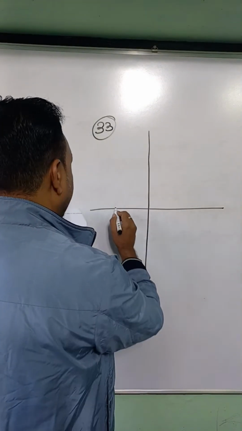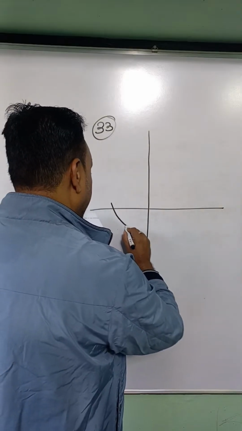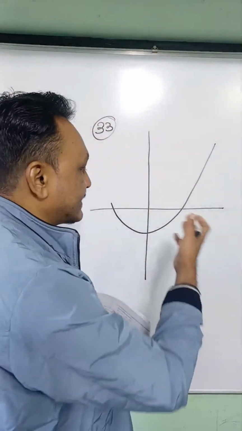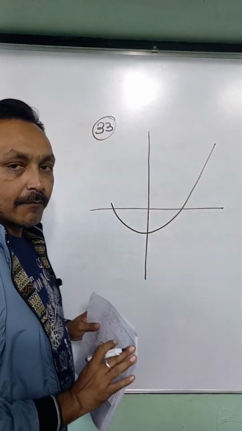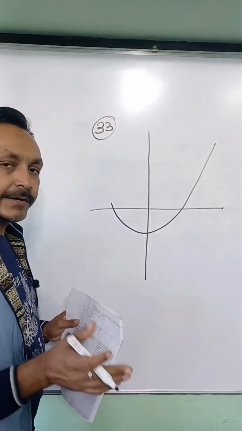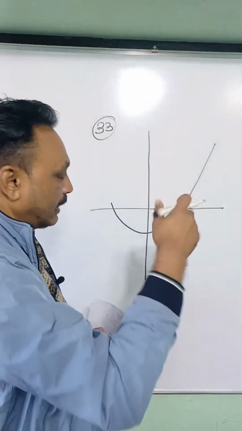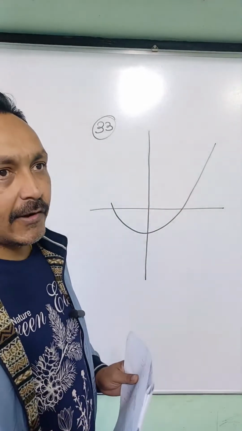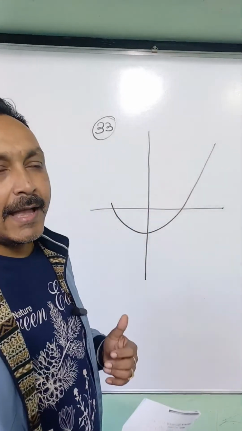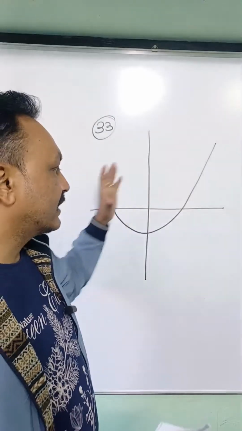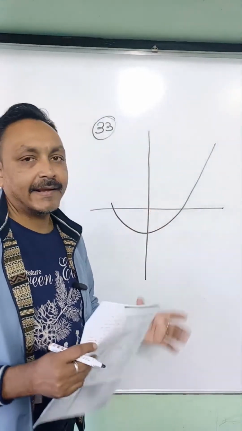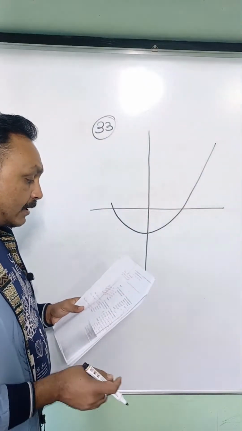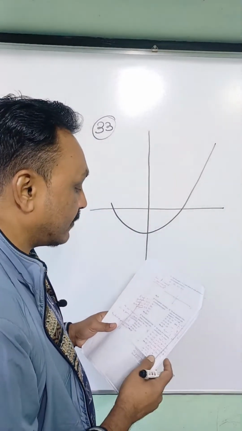In my previous chapter also, I had already described this type of question. If you are new to this video, my recording classes are available, you can check them. There I had provided some detailed ideas regarding graphs. So here one question is repeating from that chapter. You have to find the number of zeros.